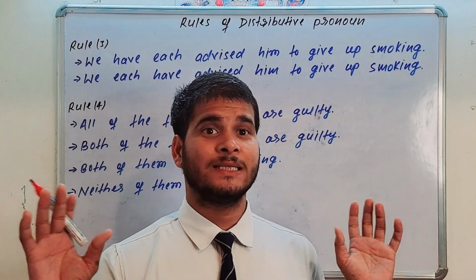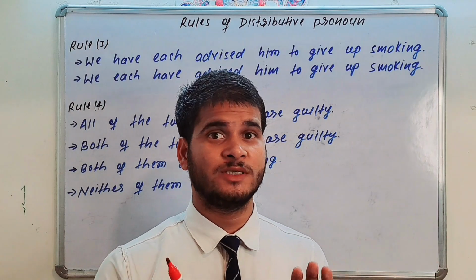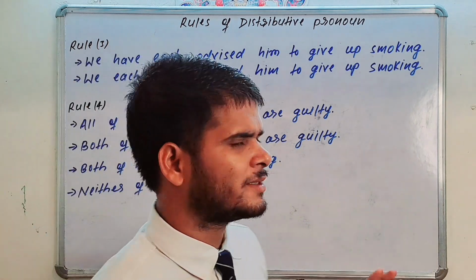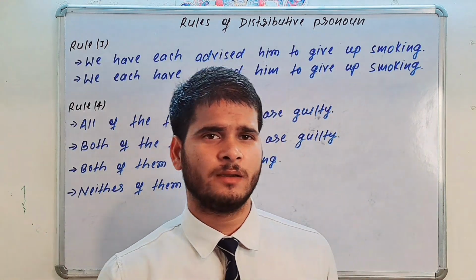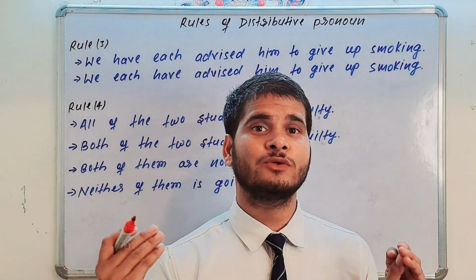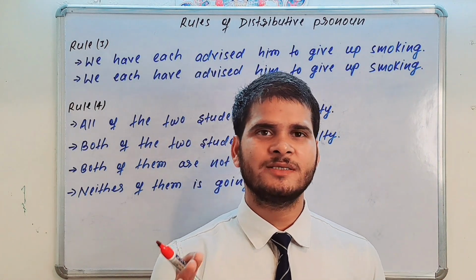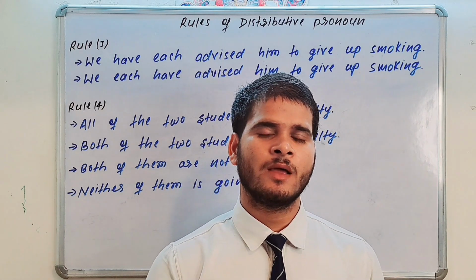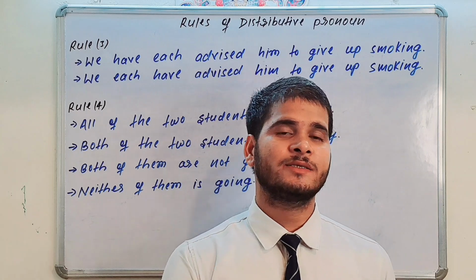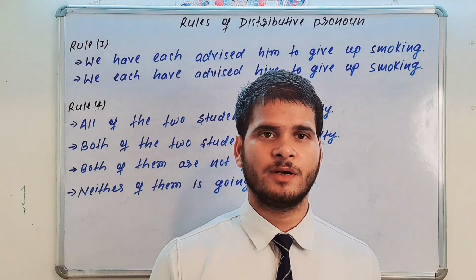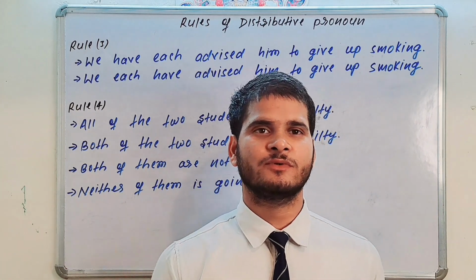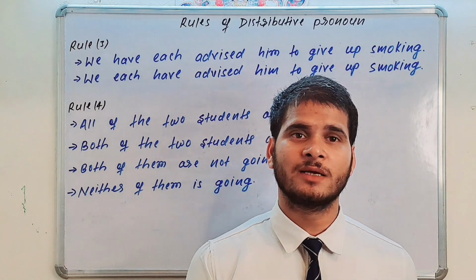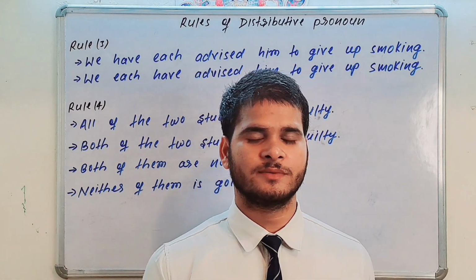Now let's see the third most important rule of distributive pronouns. In the third rule you will learn that if each is used for the subject, then it should be used only just after the subject and before the auxiliary verbs.